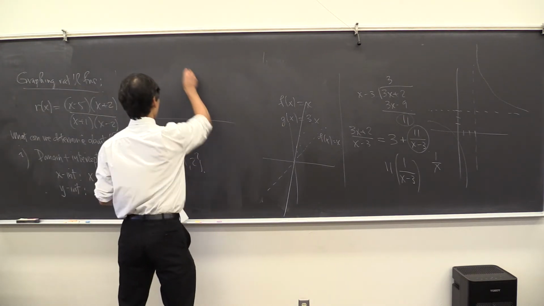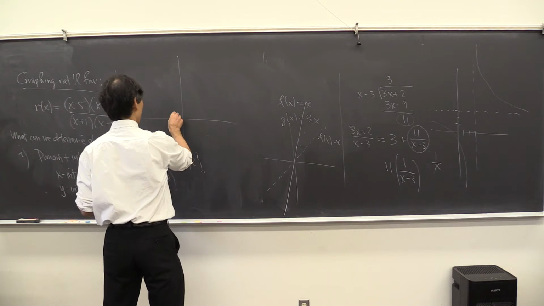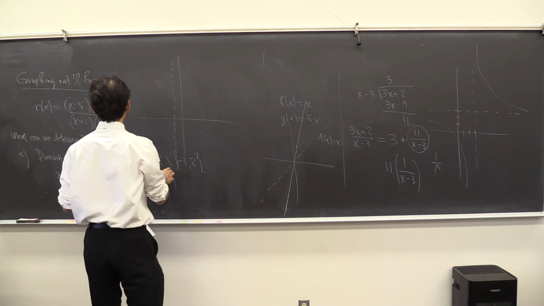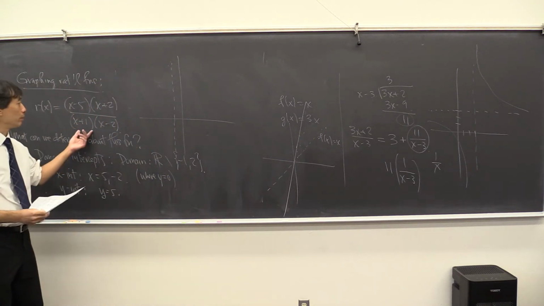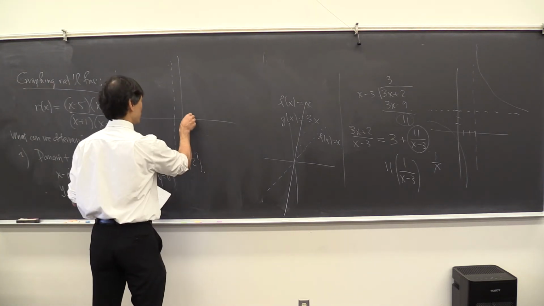So what do we know about this guy so far? We know that -1 is no good. In fact, we know that that's going to be an asymptote. Wherever the denominator is 0 is where you've got an asymptote.